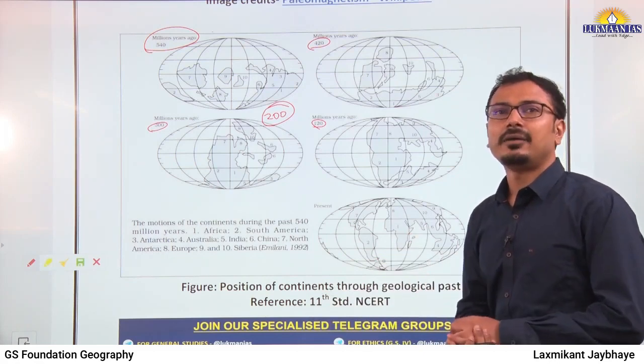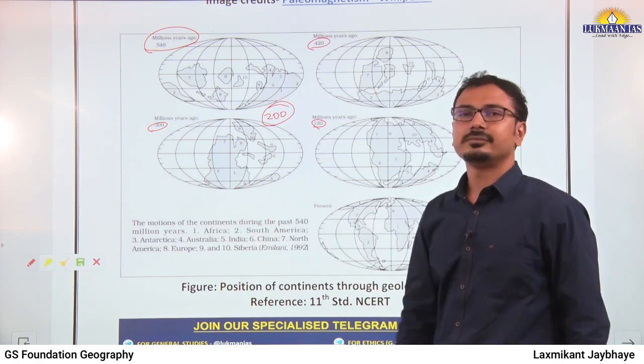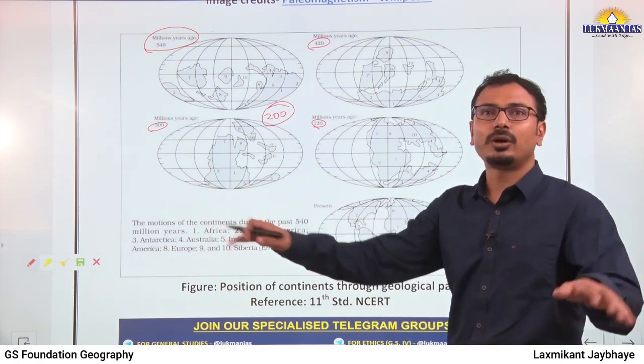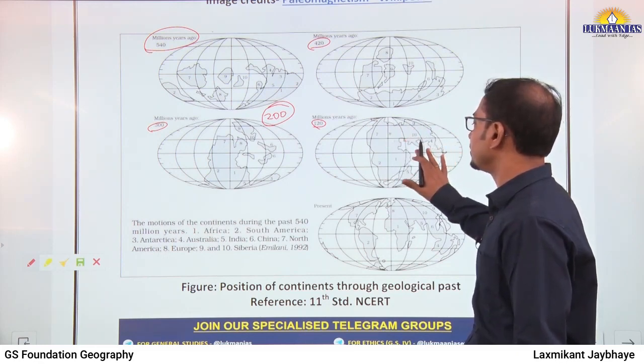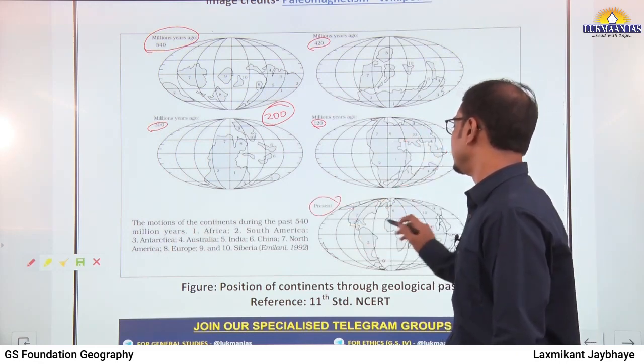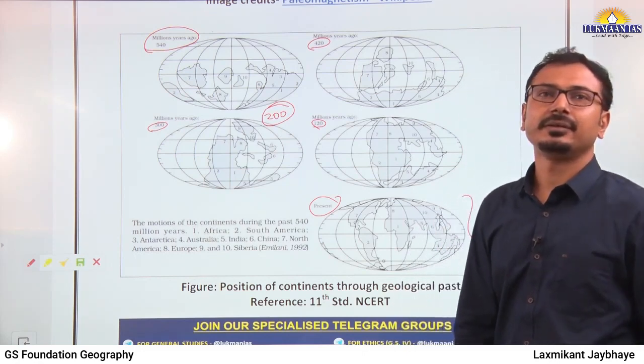Okay, and after 200 million years ago, again it broke, and the masses started spreading away from each other, and this is the present situation, which is also explained by continental drift theory.